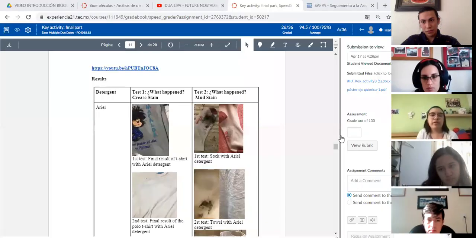For example, in the mass one, in the grease, it didn't clean the grease stain completely, but with the mud, we could see that the mud stain disappeared.